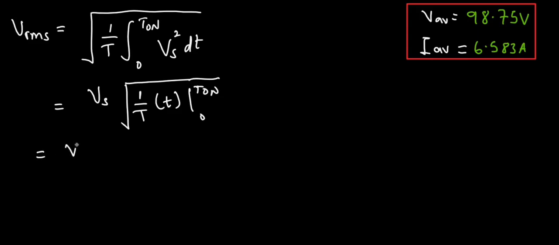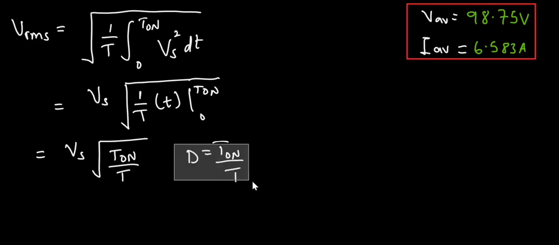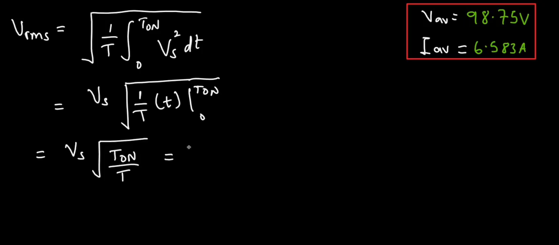So this gives Vs square root of T on over T. But don't forget, d is the same thing as T on over T. So we have Vs root d.